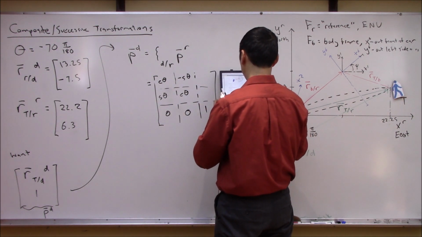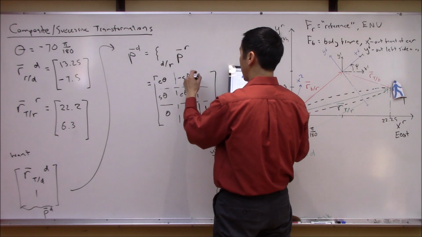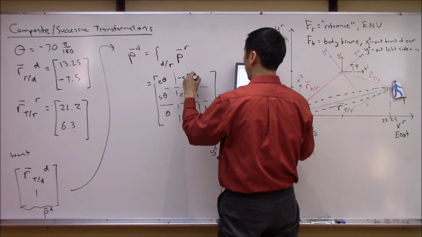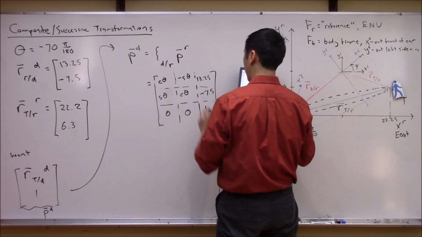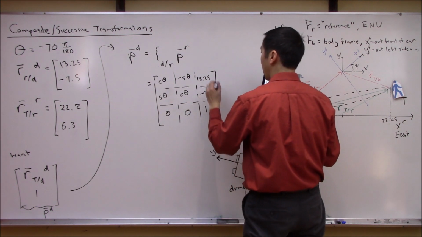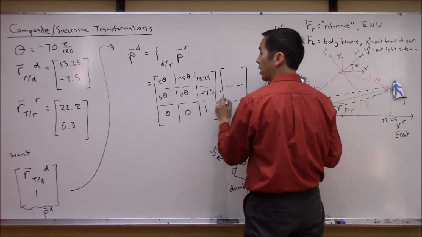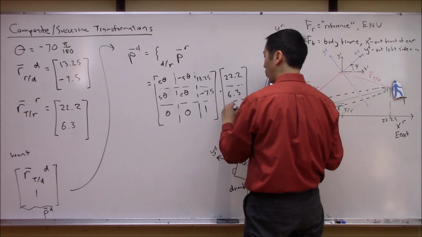And then right here, this guy was going to be our R_DR with respect to D, so this is 13.25 and minus 7.5. So that was our psi matrix times the pose in the R frame, which is going to be 22.2 and 6.3 and a 1.